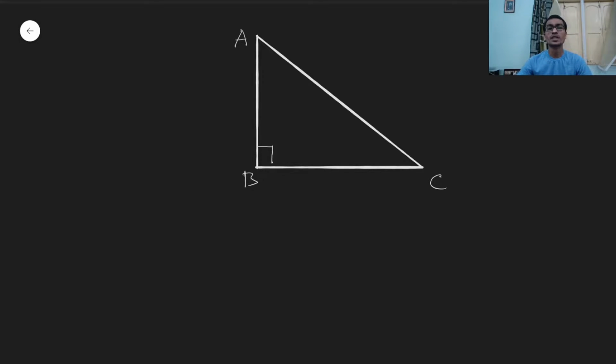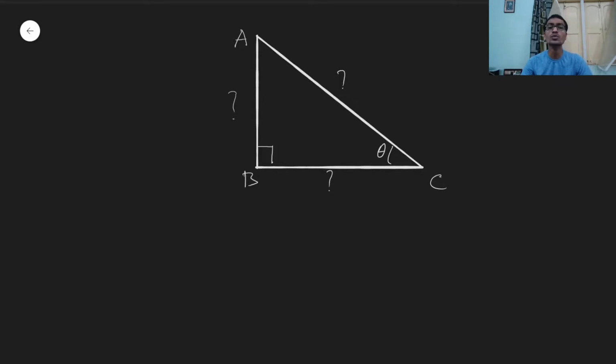So here you will find that one of the unknown angles may be given in the problem, and among the three sides there will be a known side. There will be a known side in our problem, and in most of the problems we have to find one side among the three sides.